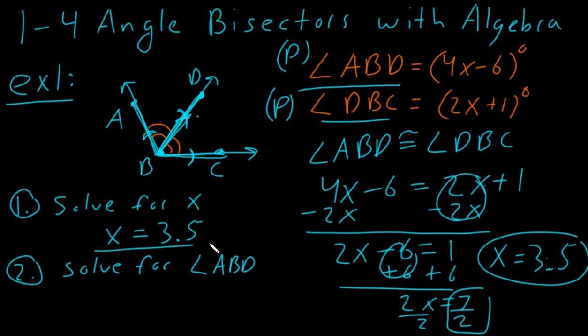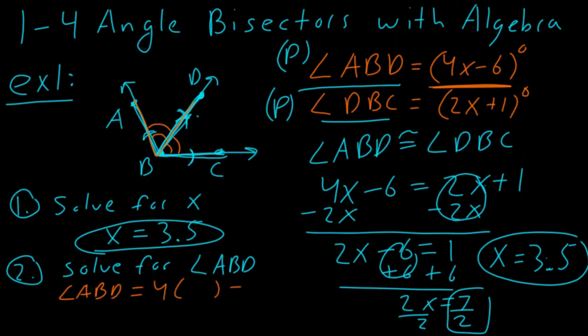Now, what about this question right here? Solve for angle ABD. Well, switching it up, we see that angle ABD is this right here, and it's denoted by 4x minus 6. So we can say this, angle ABD is equal to 4 parentheses minus 6, where in place of x, we'll plug in our 3.5, which we just discovered.